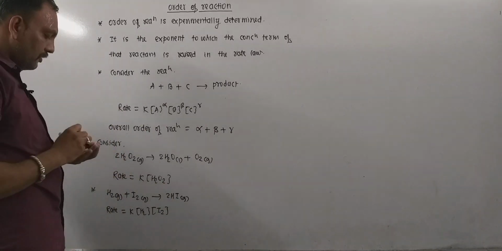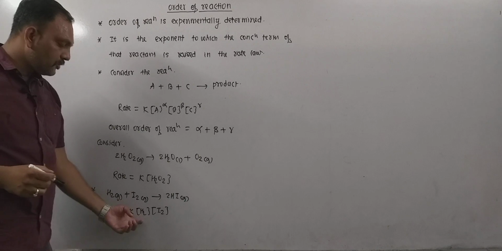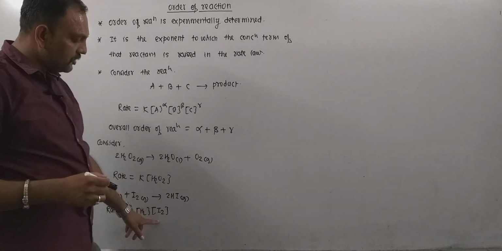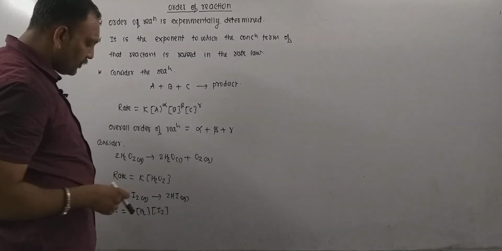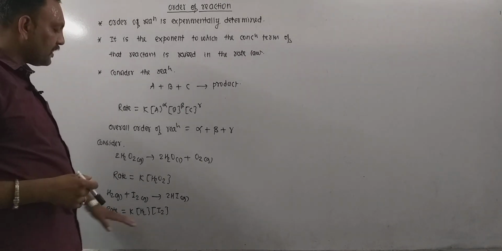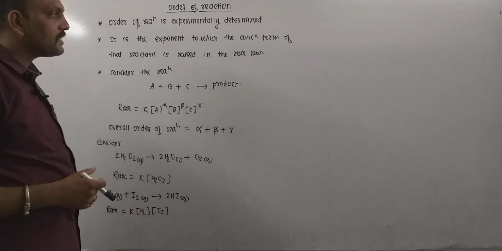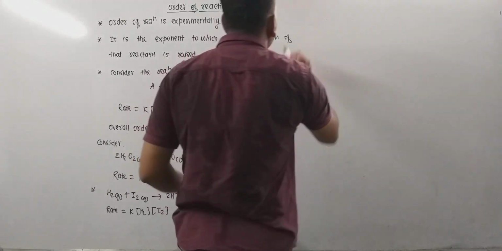It means the order with respect to H2 is 1 and the order with respect to I2 is 1. Thus, the overall order of this reaction is 2. This reaction is a second order reaction.